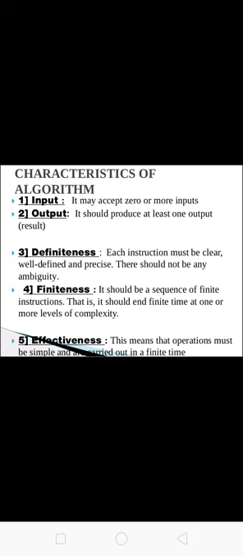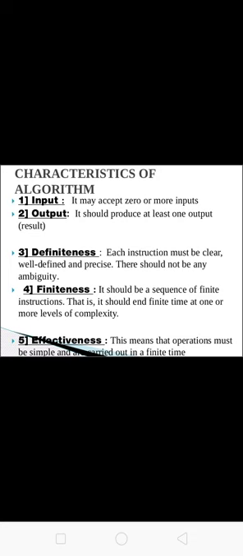Fourth one is finiteness. It should be a sequence of finite instructions, that is, it should end in finite time at one or more levels of complexity. Last one is effectiveness. This means that operations must be simple and carried out in a finite time.